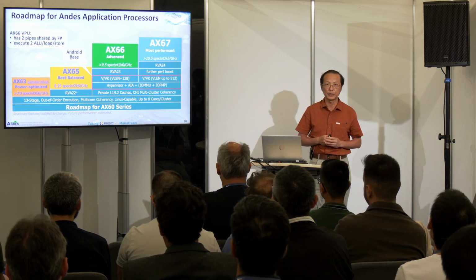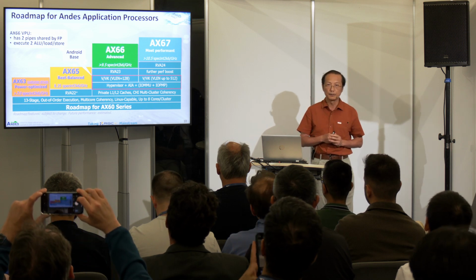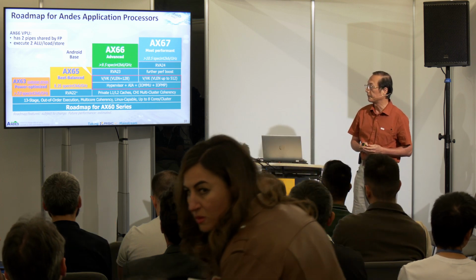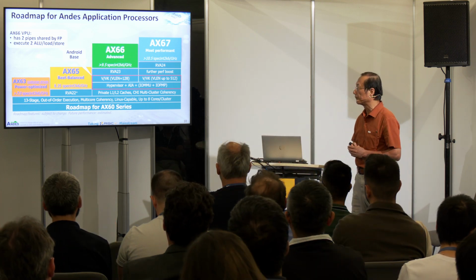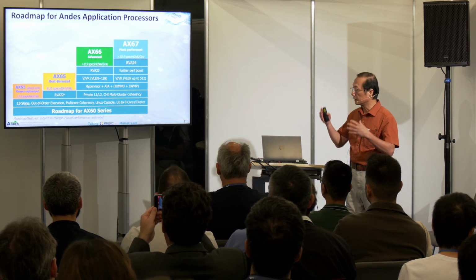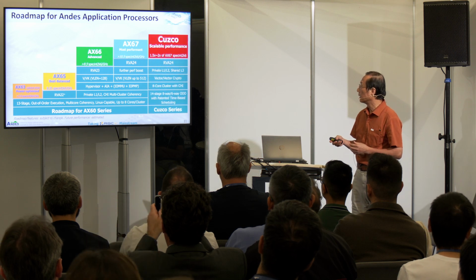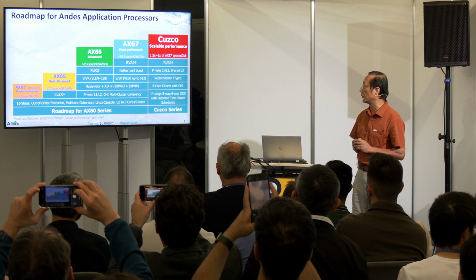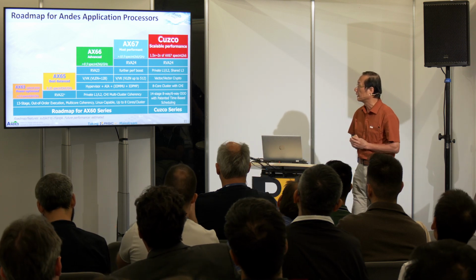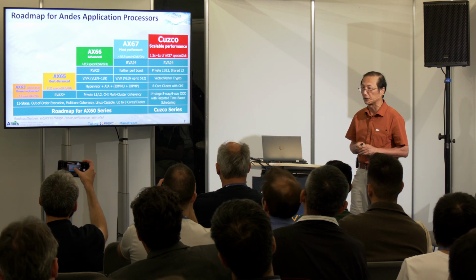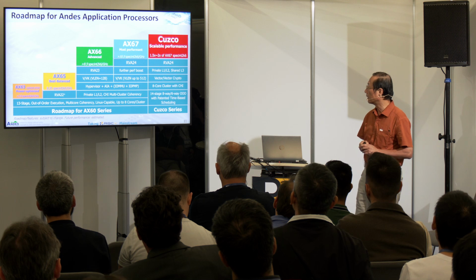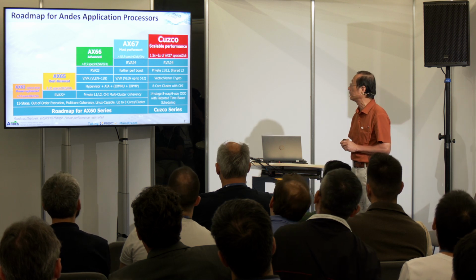We also consider having a very much power-optimized core in the series, but that still needs to be customer driven. And with this, Andes is also undergoing a project called the Cusco series with an even higher benchmark, which will come with 1.5 to 2 times the performance of AX67.